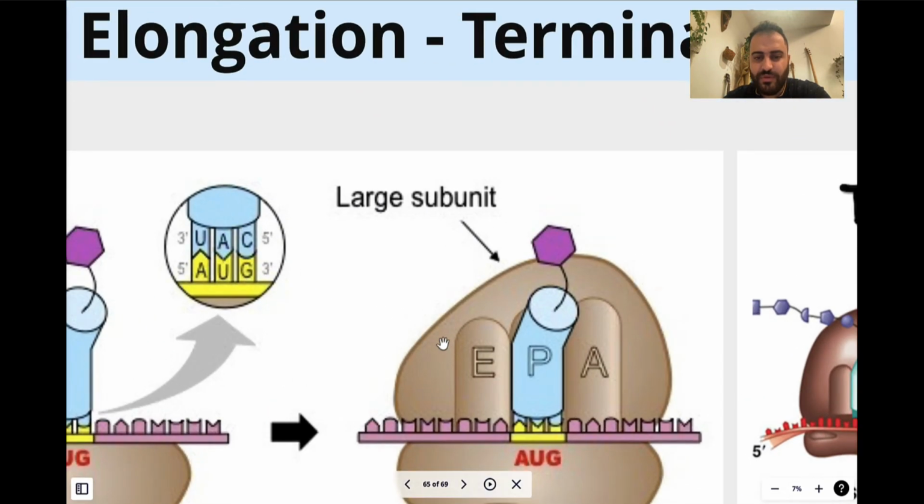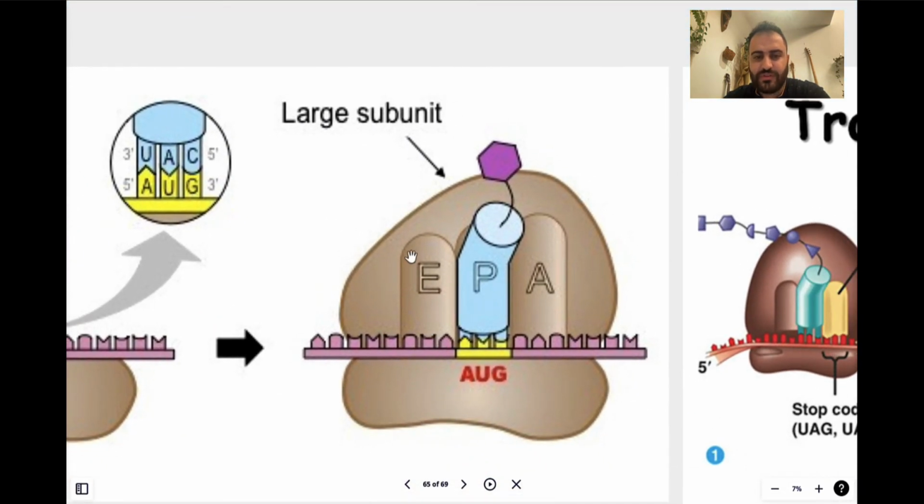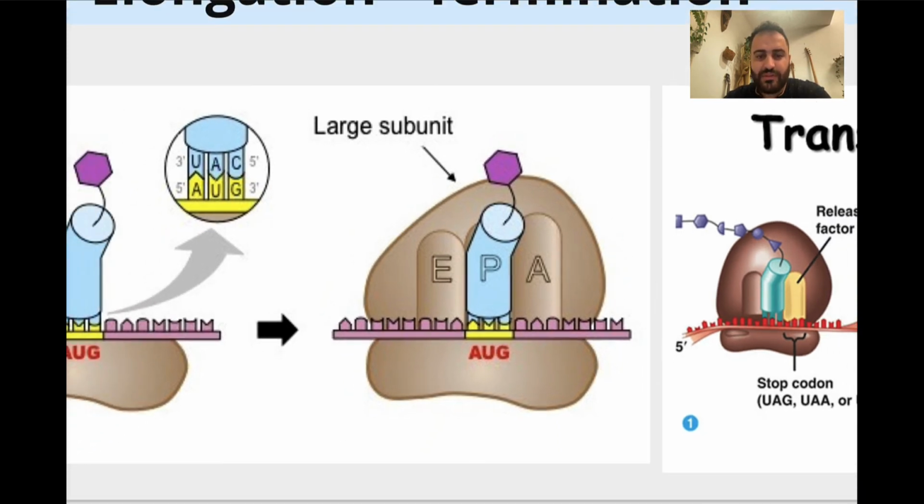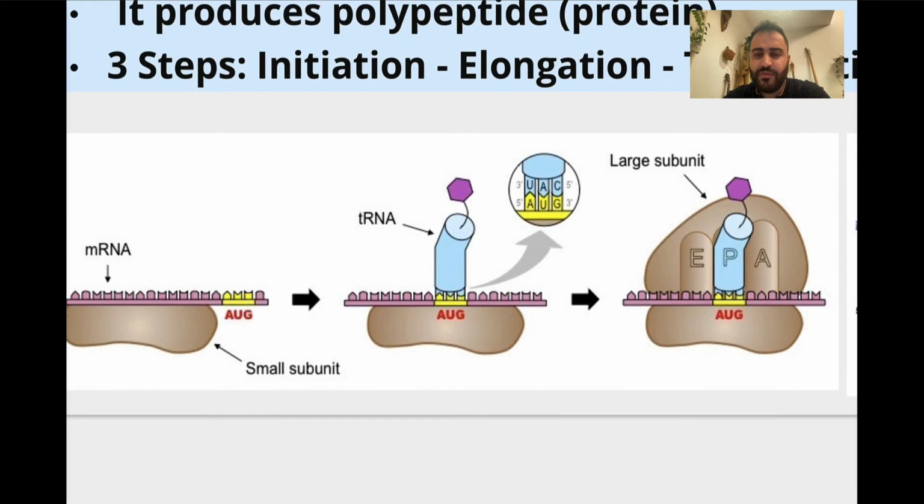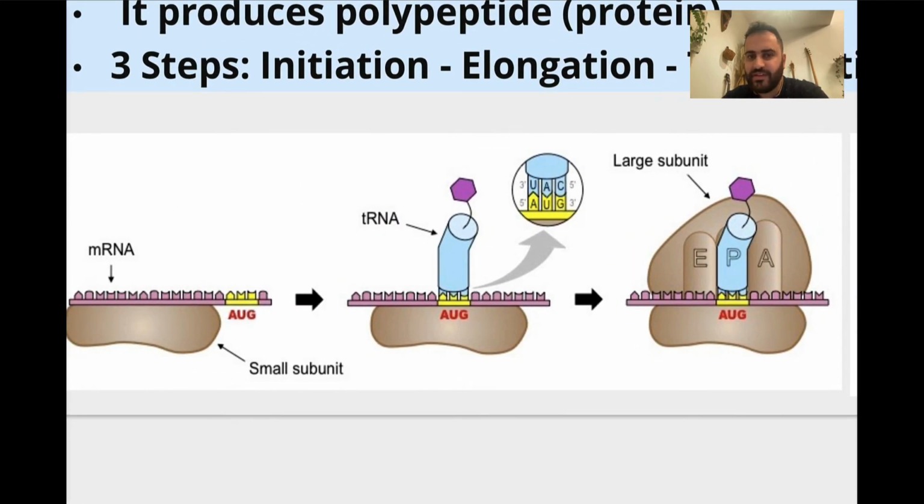Now, the ribosome is made of two units, small and large subunit. Small at the bottom, large at the top. And it is made of ribosomal RNA as we explained before. But when the ribosome is not working, is not translating, the two subunits are separated from each other, detached from each other.